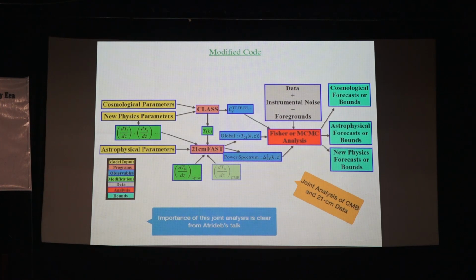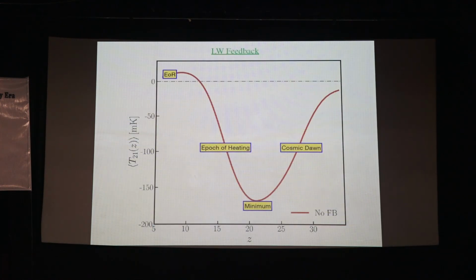Right. Now with this code in hand, we made some basic plots, just to showcase how Lyman alpha, Lyman-Werner feedback and other things act. This is the global signal without feedback, and you see the different epochs I have pointed out here.